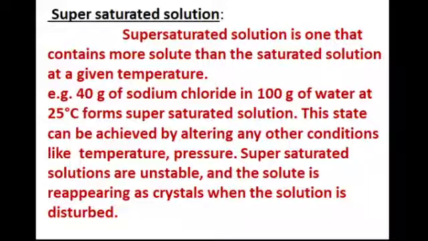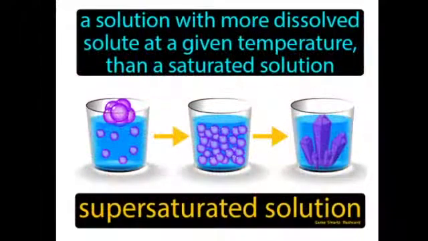If temperature is increased, the solubility also increases, or if the pressure is increased, the solubility also increases. Supersaturated solutions are unstable, and the solid reappears as crystals when the solution is disturbed.